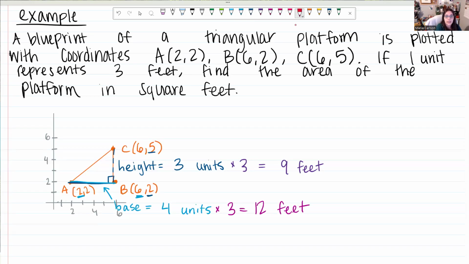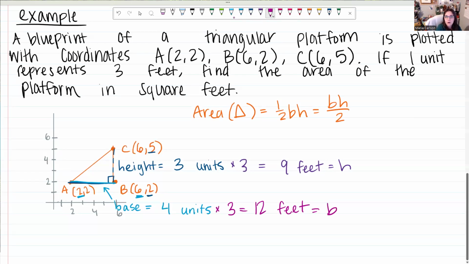So altogether, the area of this triangle, I'm gonna write that up here. The area of a triangle is always 1/2 times your base times your height, 1/2 base times height, or even base times height divided by 2. And we have our base, we have our height. Our height again was 9, and our base was 12.